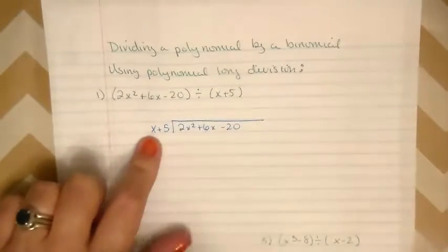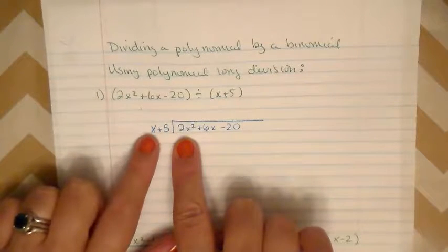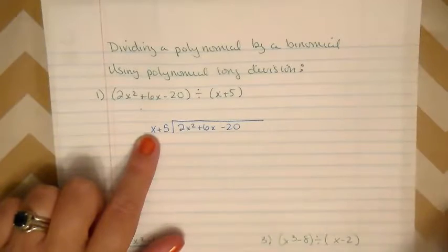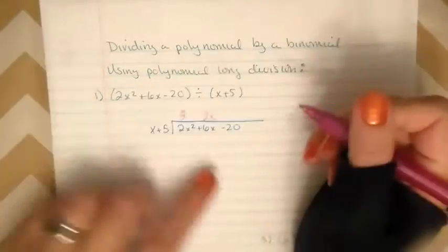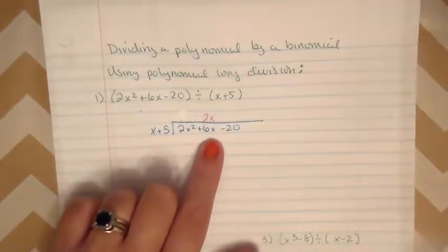And what we do is we look at the first term here and the first term here. How would I turn an x into a 2x squared? Well, to turn an x into a 2x squared, I would multiply it by 2x. Sorry, that does not go there. It goes here because it matches.